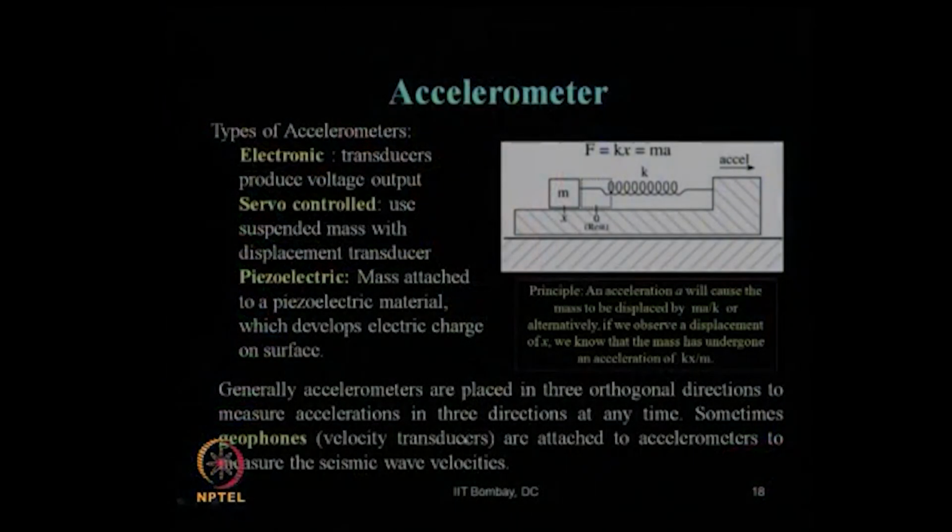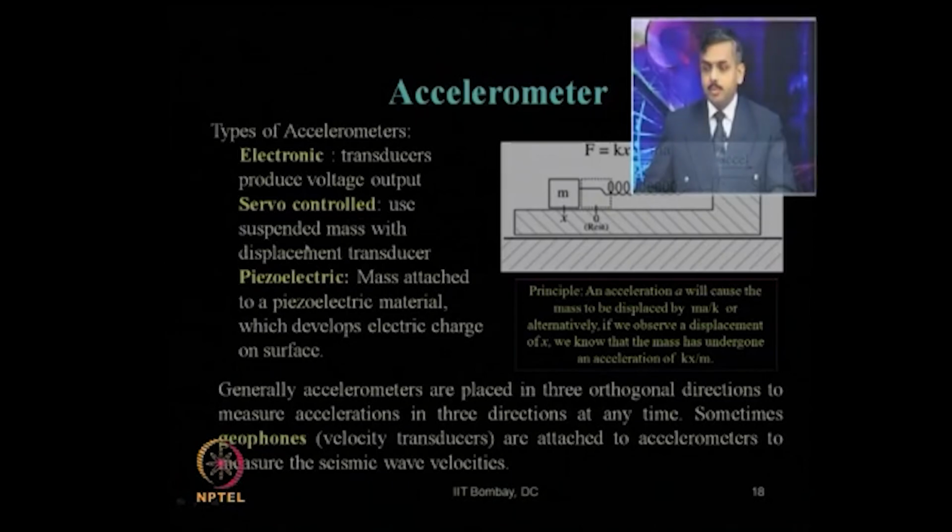So, what is the basic principle on which an accelerometer works? Let us see. There are basically three types of accelerometers. One is called electronic accelerometer, another is called servo controlled accelerometer, and the other one is called piezoelectric accelerometer.